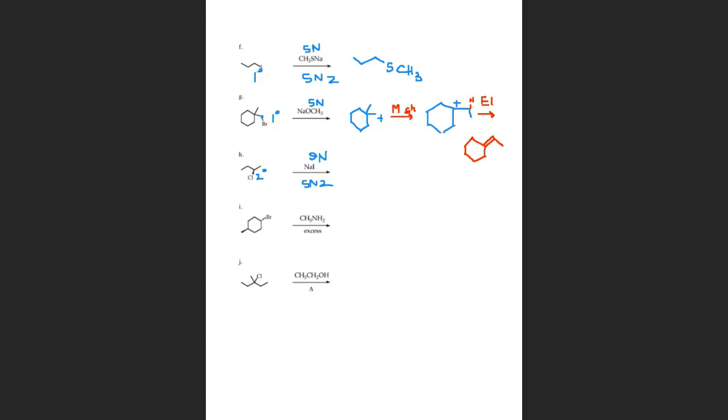Okay, so an SN2, so then it would become like this. Remember there's inversion, so this I- is going to do a backside attack, kicking the Cl out. All right, so that's that one.